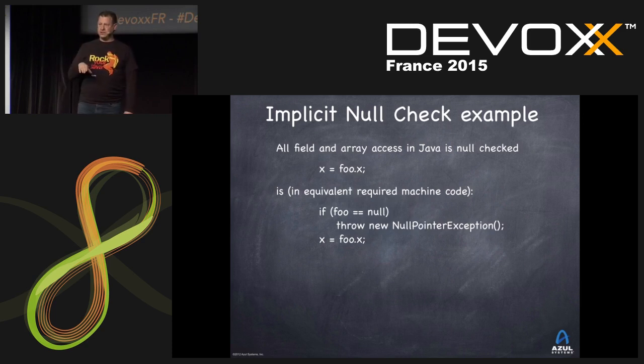Otherwise, do what you said. And this is true for every single access and every single field or every array field that you access. If the machine actually did that, it would take a huge burden on every operation, right? That would be slow. And yeah, you might be able to combine one null check for two fields, but it's not that big a win.